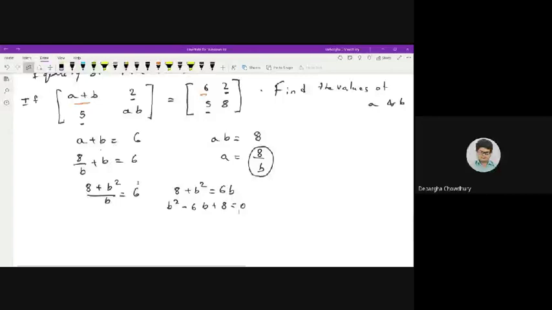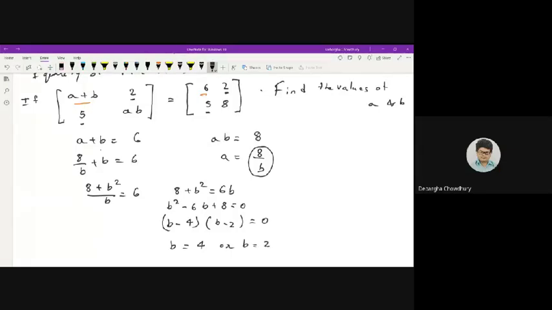Now it's really quite simple. I think you have learned how to middle term factorize a quadratic equation. So on factorizing it, it would be b minus 4 times b minus 2, sorry about that, which equals 0. So I can say b equals 4 or b equals 2. Correct?